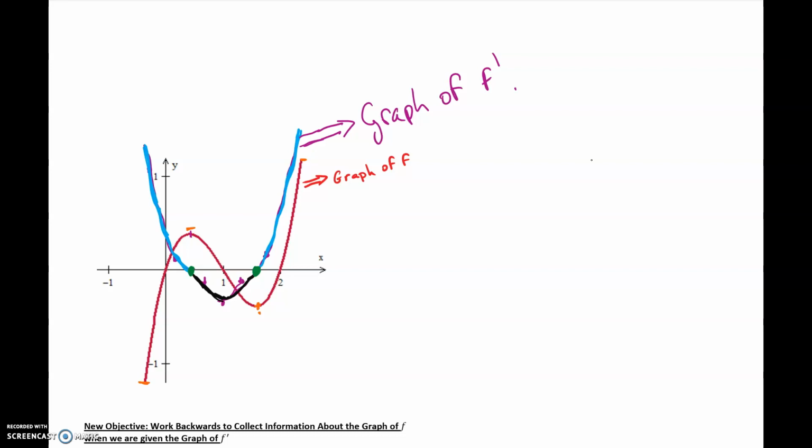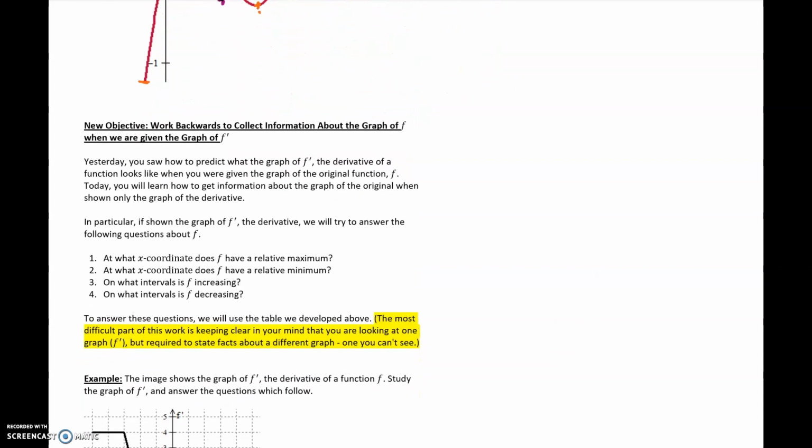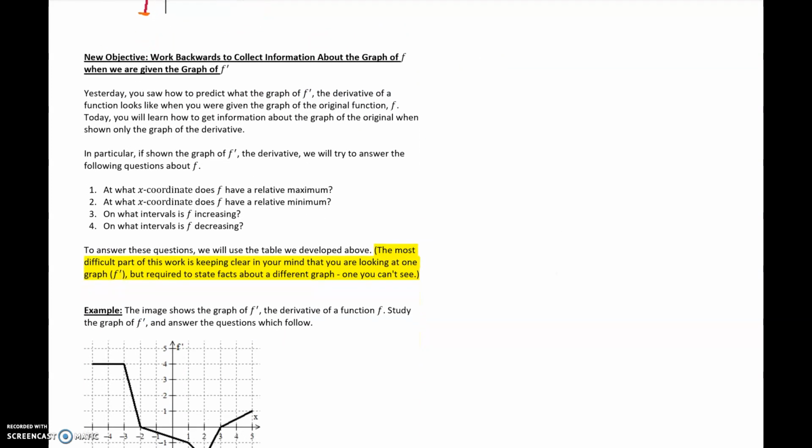So what we're going to do today is work backwards. Yesterday we started with the graph of f and tried to get information about the graph of the derivative, the graph of f prime. Today we're going to work backwards. Our new objective is to collect information about the graph of f when we're shown the graph of f prime. In particular, if shown the graph of f prime, the derivative of the function, we will try to answer the following questions about f.